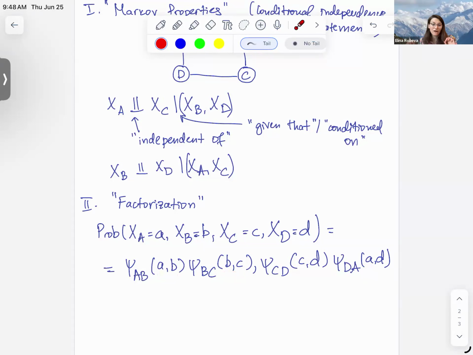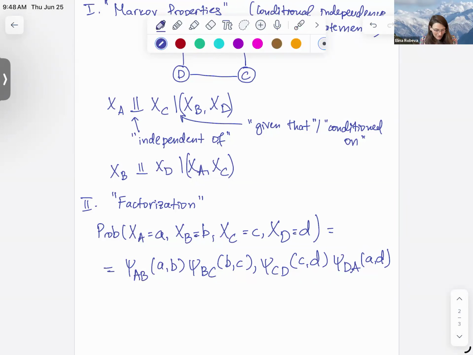So it's a function that factorizes, and it's definitely not true that every function can factorize like this. So it's a special kind of function, and that's the definition. And for undirected graphical models, these do not have a probabilistic meaning. They're just non-negative or sometimes positive functions. And it's not unique, so you can scale them.